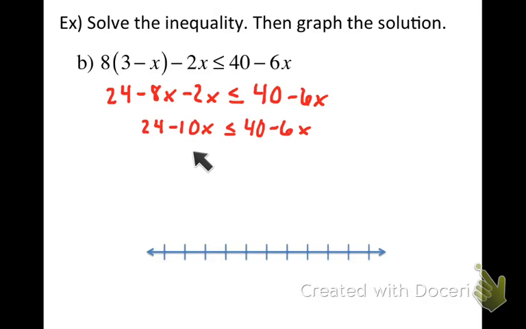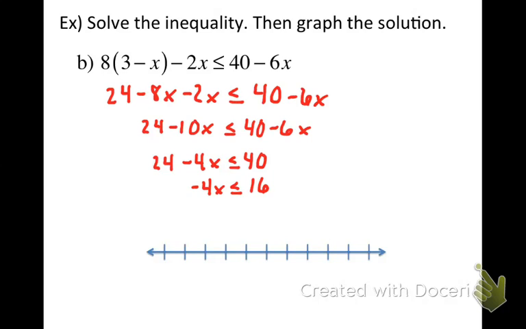So negative 10x plus 6x is going to be negative 4x actually. So we'll have 24 minus 4x is less than or equal to 40 after we add 6x to both sides. And then we'll cancel out the 24 by subtracting 24 from both sides, of course. So that'll leave us with negative 4x is less than or equal to 16.